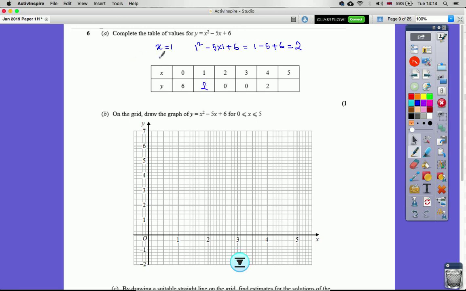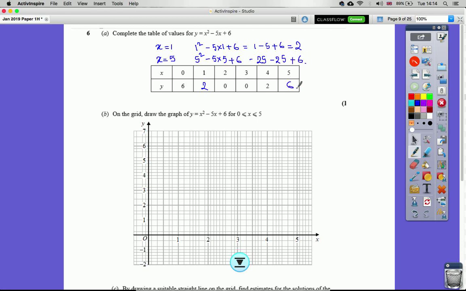And when x is equal to 5, you get 5 squared minus 5 times 5 plus 6, which is 25 minus 25 plus 6.